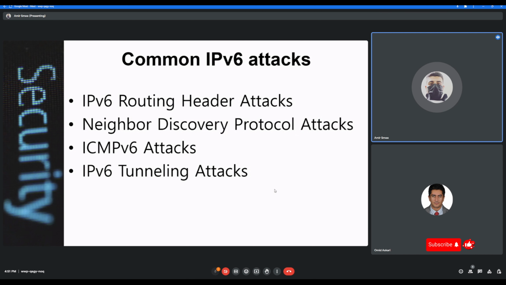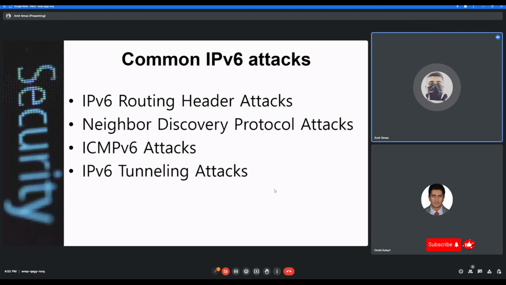NDP has much similar functionality as Address Resolution Protocol, or ARP, in IP version 4 and is susceptible to similar attacks. For example, neighbor advertisement spoofing, neighbor solicitation spoofing, and router advertisement spoofing.